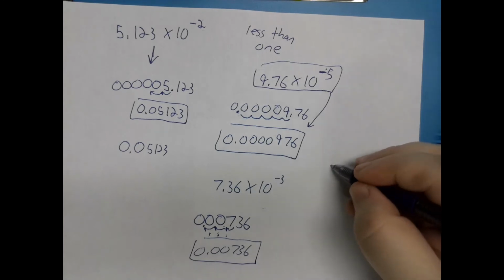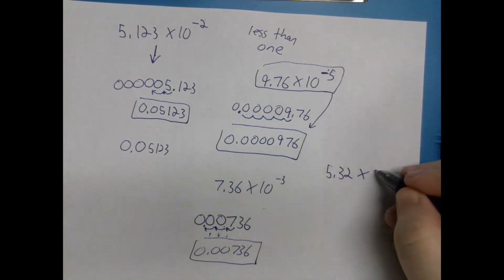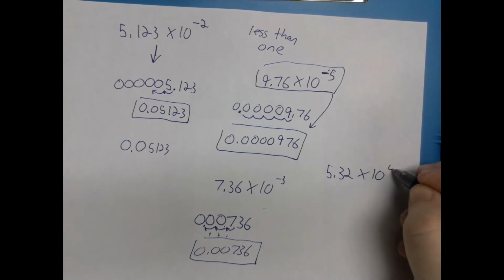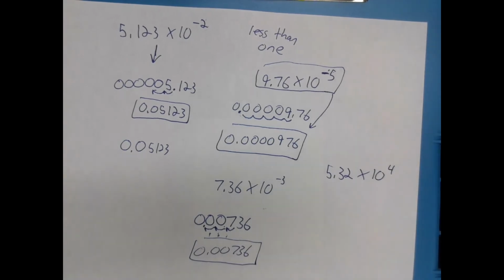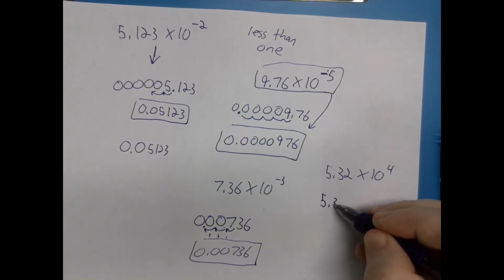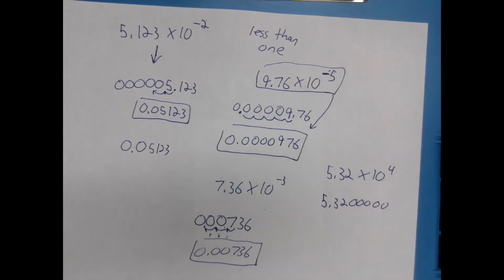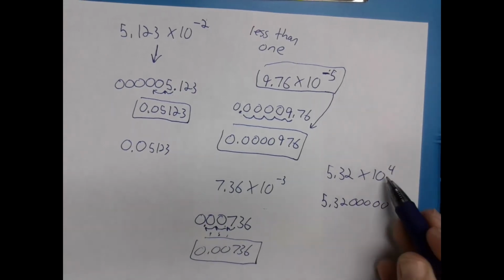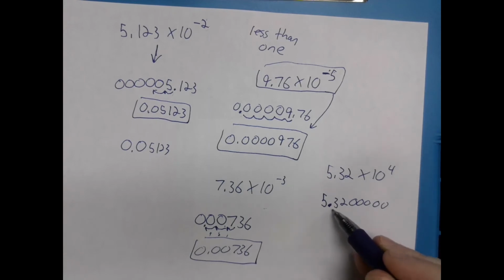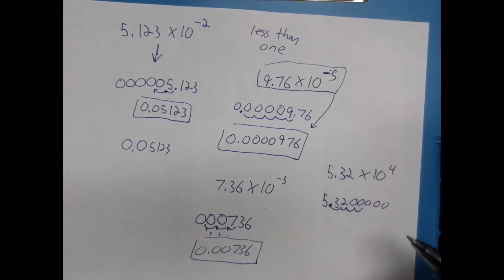So 5.32 times 10 to the 4th. Again, we write the number down and we're going to pad a bunch of zeros afterward. This decimal spot is going to move over 4 places. So 1, 2, 3, 4.